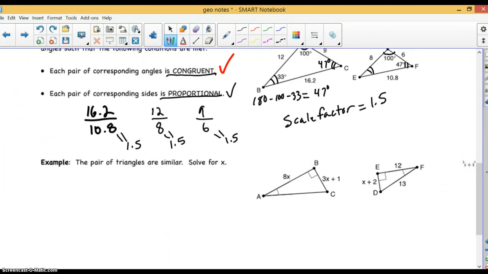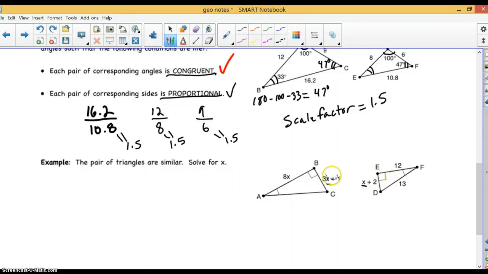Now you're also going to be running into examples where we have variables in them. And it's going to ask us to solve for x. So we have the pair of triangles are similar. Solve for x. So we know that each corresponding side is proportional.